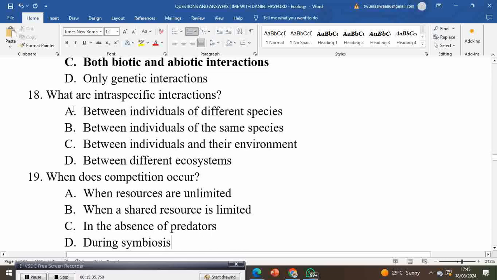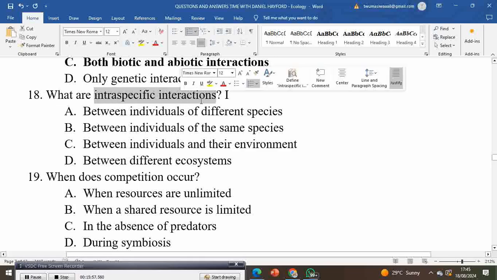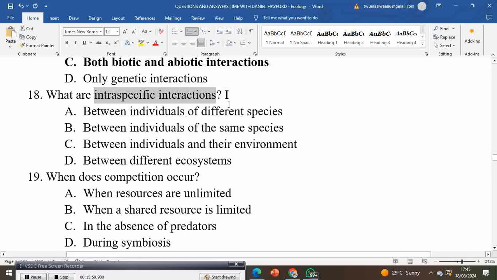Now, question number 18. What are intraspecific interactions? Option A says between individuals of different species. We can start answering this question by copying this one and using it to formulate my sentence.